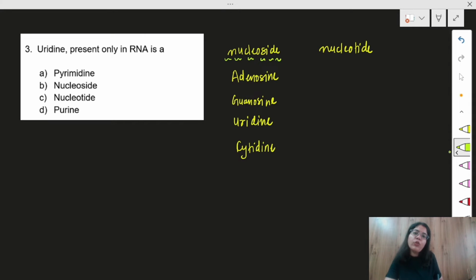What is the meaning of nucleoside? Who will tell me? Nitrogenous base plus sugar. If I attach a phosphate also here, I'll be able to make a nucleotide.